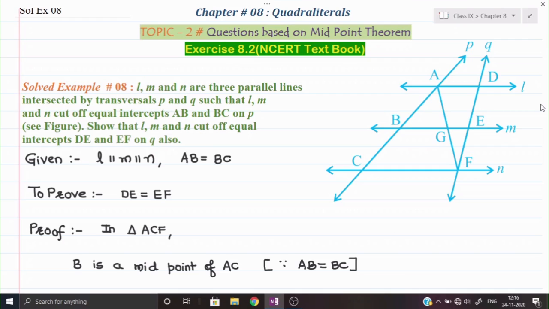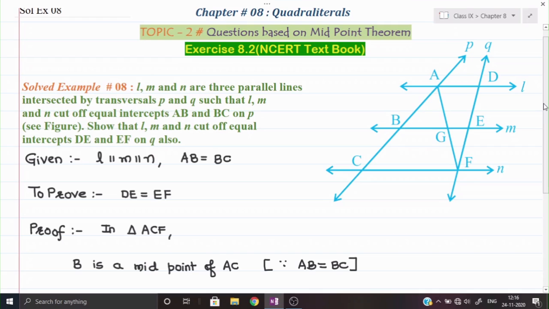Now from the midpoint G, if I draw a line, then we can say that the line is drawn onto the another side which intersects at a point E, and hence E will be also the midpoint of the side DF, and that is why we got the required result here. If E is the midpoint of DF, means DE and EF are equal.